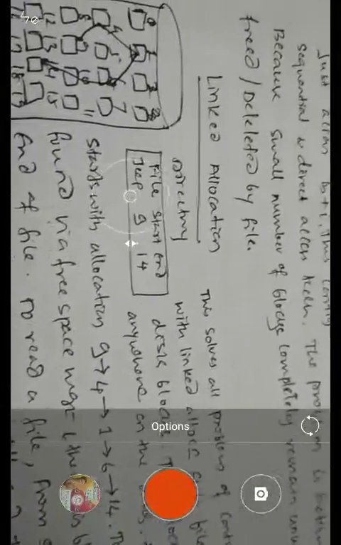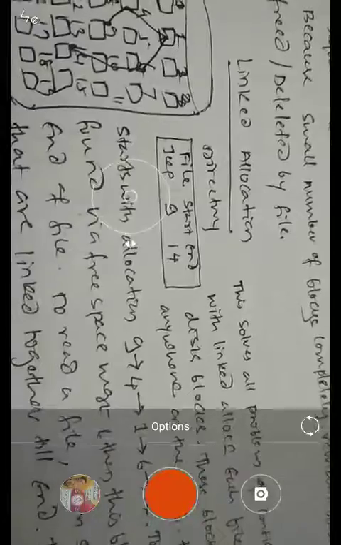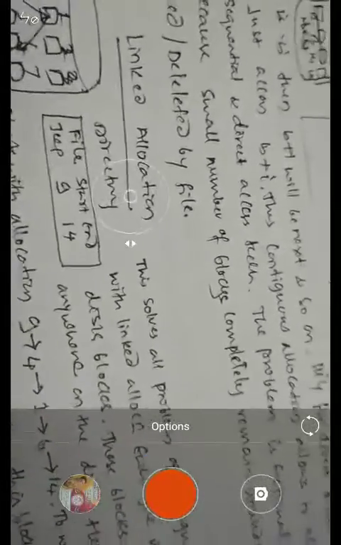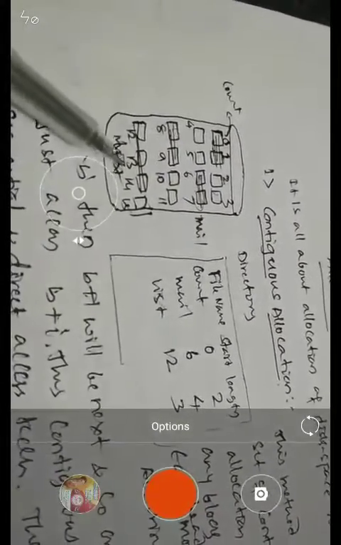Now it has its own disadvantage as well. It results in external fragmentation. What is external fragmentation? Consider this example: a file has taken blocks 6, 7, 8 and 9. Blocks 10 and 11 are left free, and directly from block 12 starts the file named list, occupying 12, 13, 14.